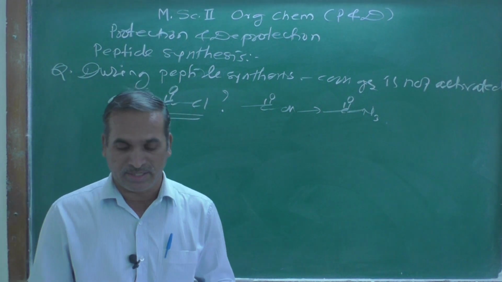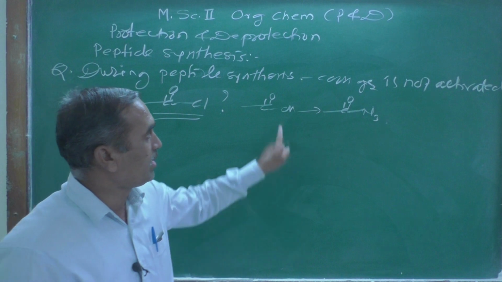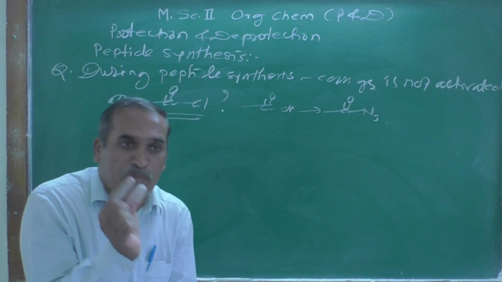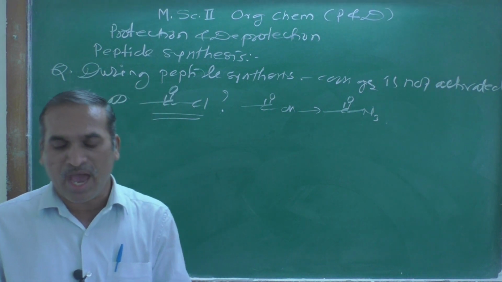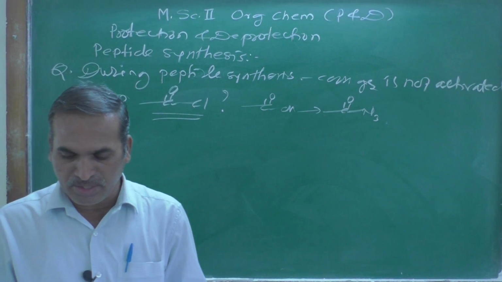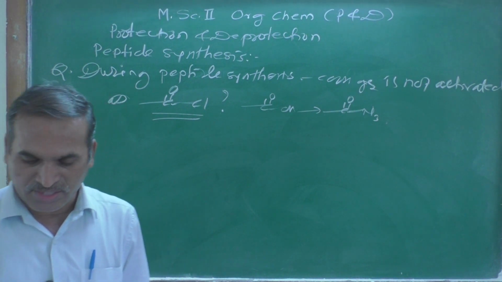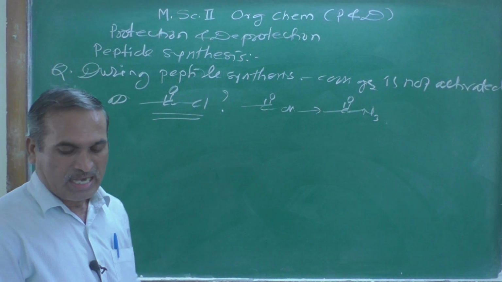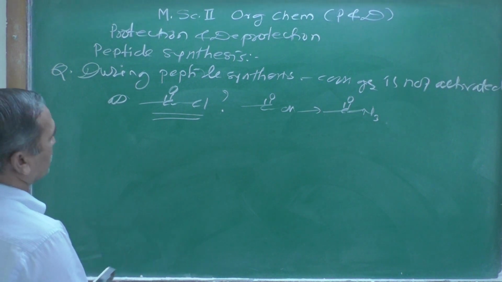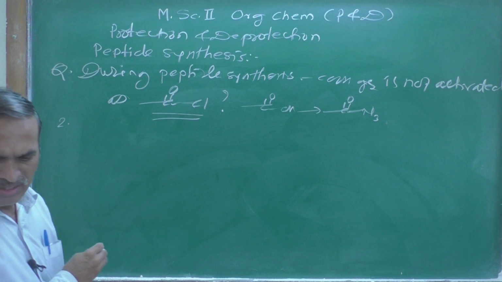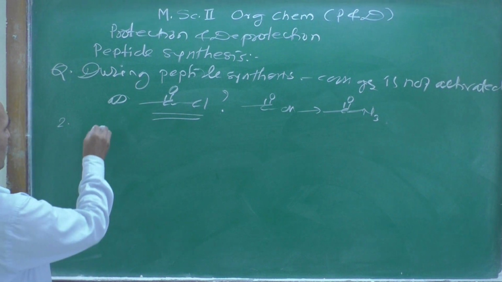The reason behind it is that azide is a mild leaving group and can be used during peptide synthesis. So the second point we are going to discuss here is the acyl azide.